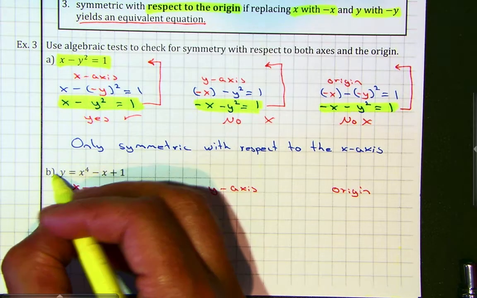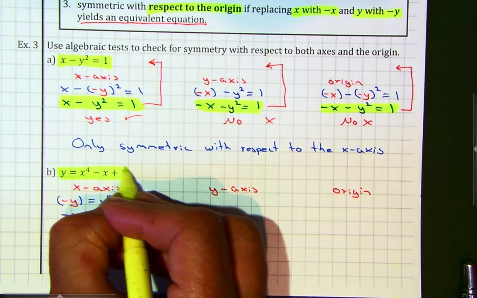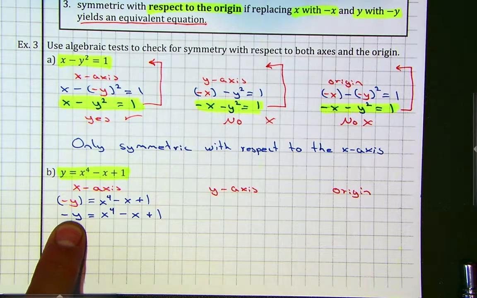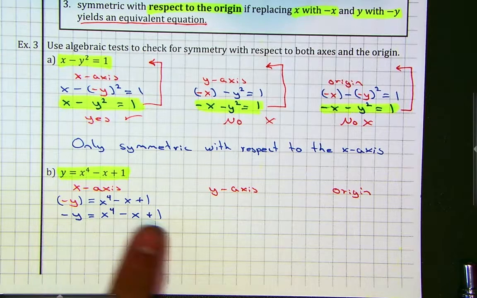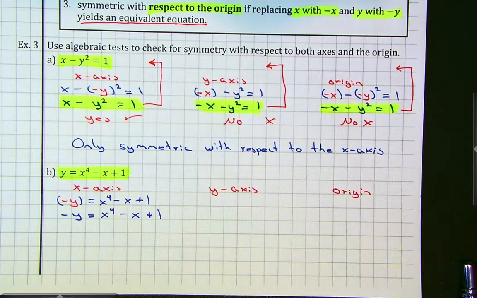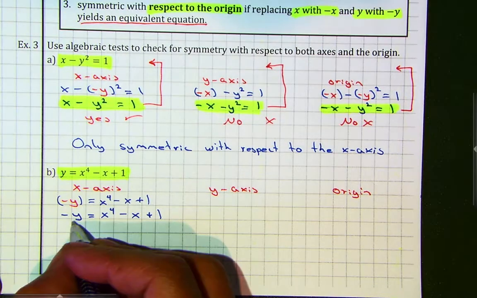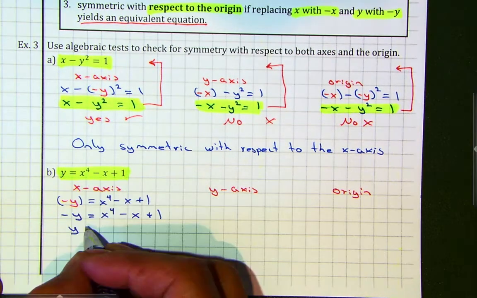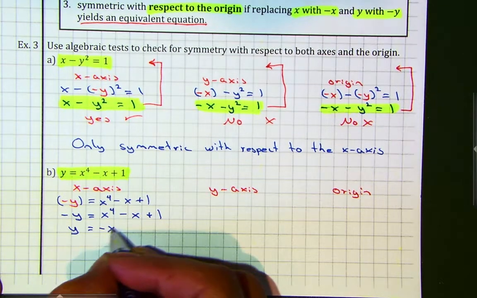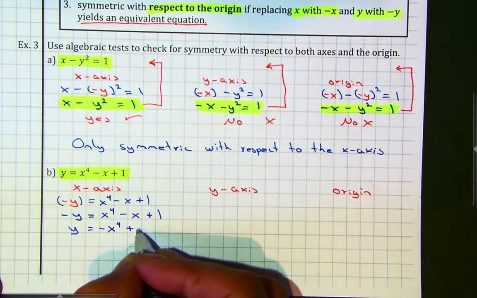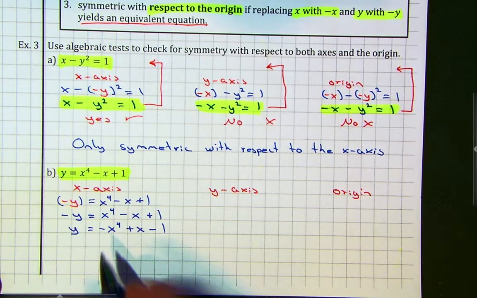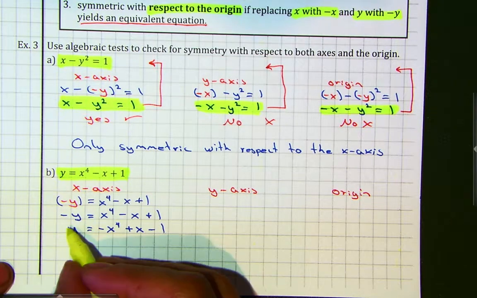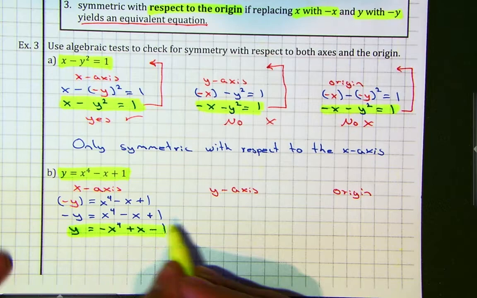So I want to take one extra step and either divide by negative 1 or multiply both sides by negative 1. I'm going to multiply by negative 1, so it becomes a positive y, because I want it to be y equals. That becomes a negative x to the fourth, a positive x, and a negative 1. Does it yield an equivalent equation? No.